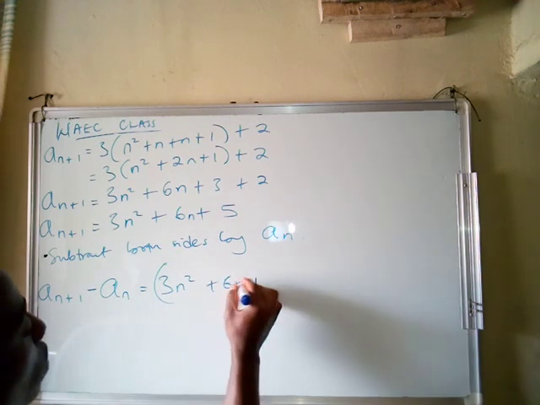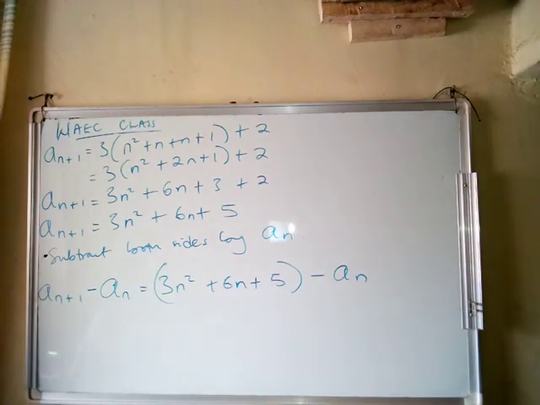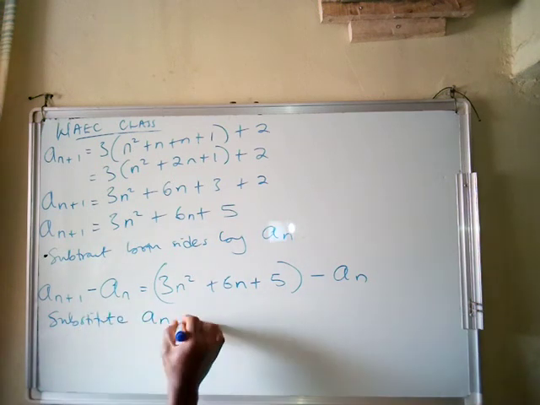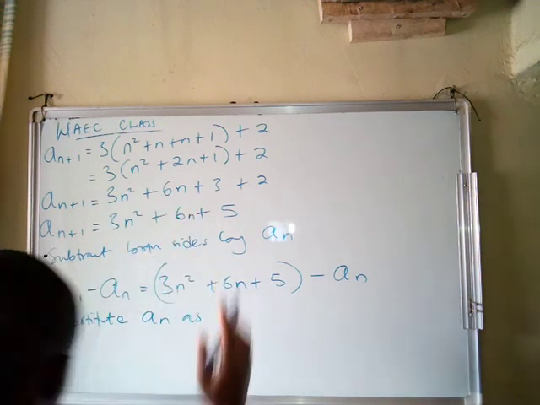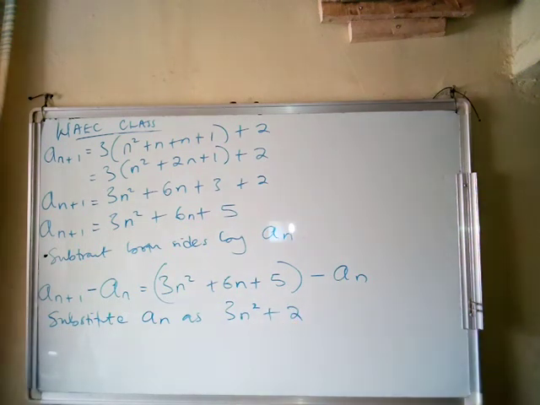Because I'm dealing with another unknown, I am going to put a bracket on this 3n squared plus 6n plus 5. All we need to do now is to substitute a_n. The initial value for a_n, if you check the question, was 3n squared plus 2. So anywhere we find a_n, we'll substitute it with 3n squared plus 2.